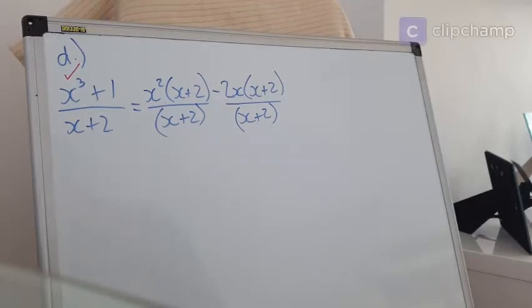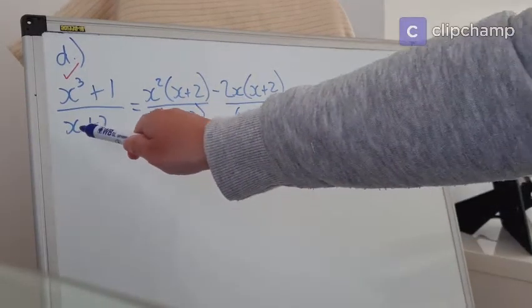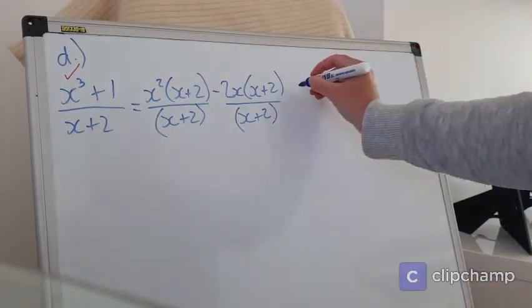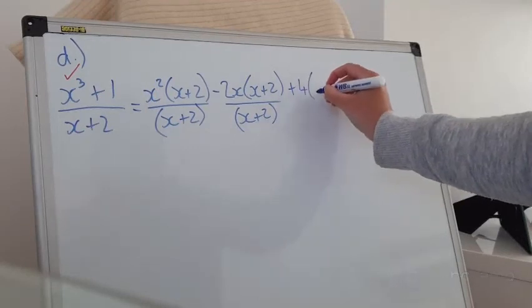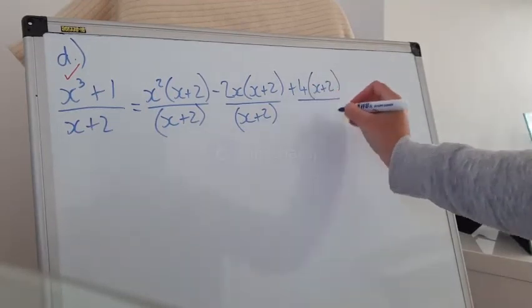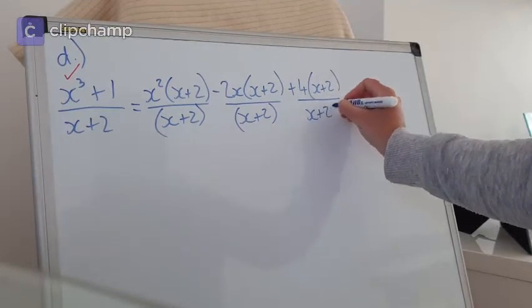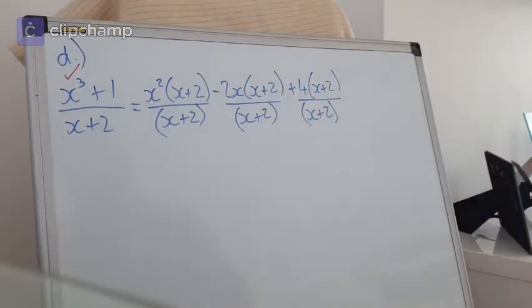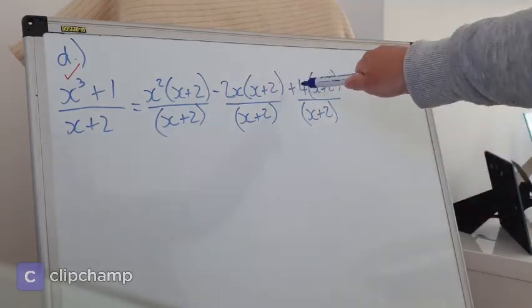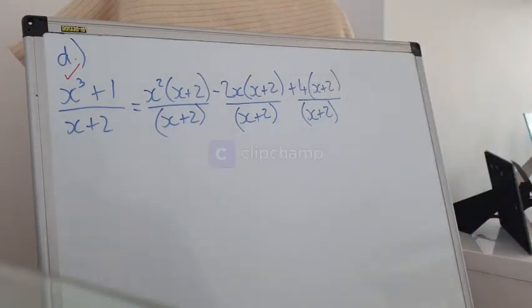And again, the answer is yes. If we multiply by positive 4, then we'll get plus 4x. So 4 times my denominator, divide through by the denominator. And there we go. I had minus 4x, I've now got rid of that by adding 4x.